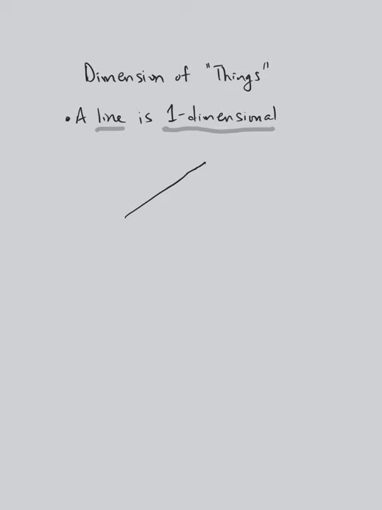There's a way you can use variables to understand dimensions of objects. If we think about taking that line and drawing it in the Cartesian plane, we know that the line has some equation: y equals mx plus b, and remember, m and b are constants.